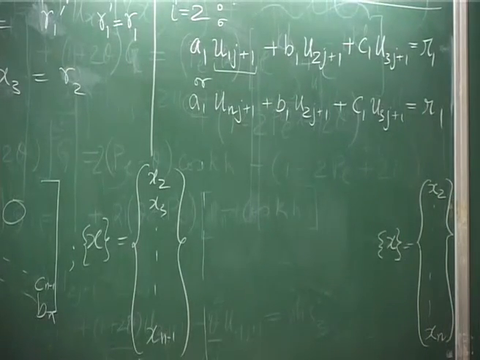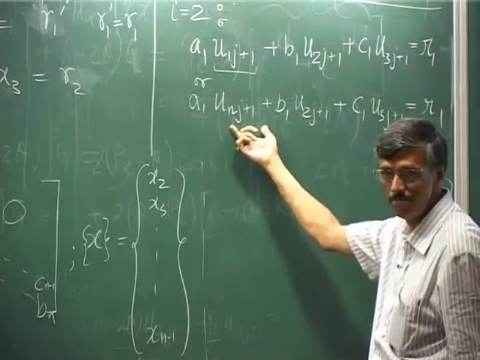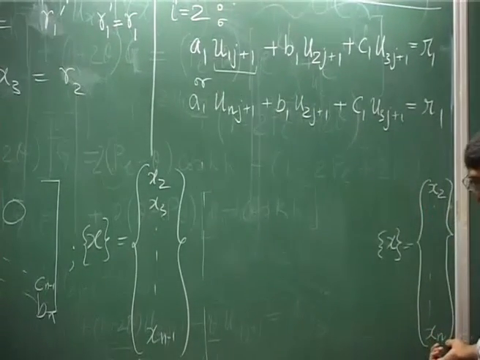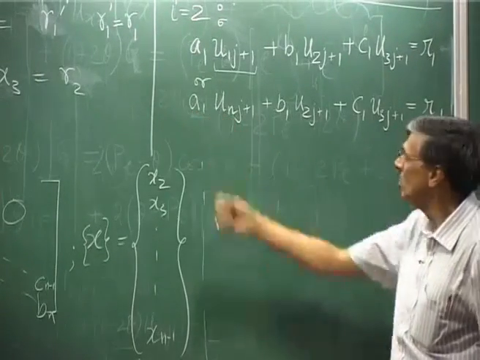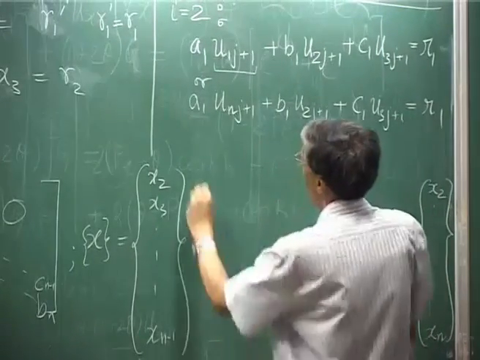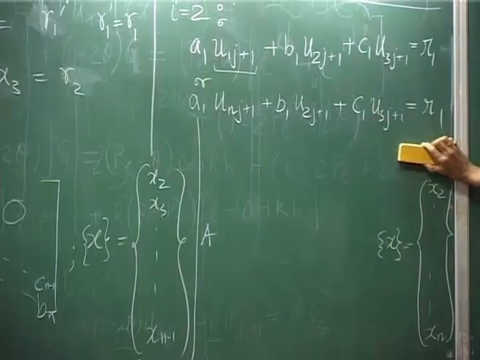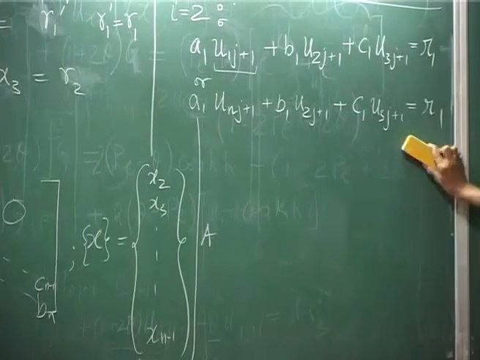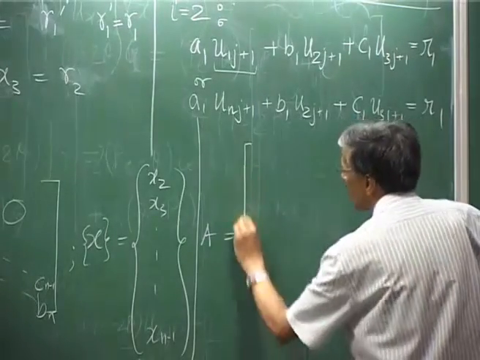So what has happened now to the A matrix? You can see that corresponding to the last entry, I have a non-zero a1, right. So the A matrix, let me write it like this, I will remove this, okay. Since you have noted this down, I expect that you remember what we are doing.